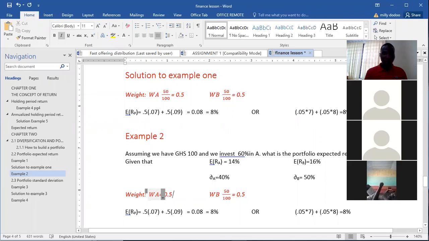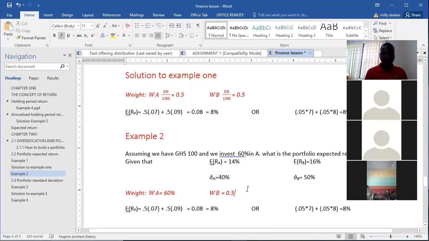Just put your 60% here. You should know that the weight of B is 40%. Nobody should tell you that B is 40% because A is 60 and then B is 40.